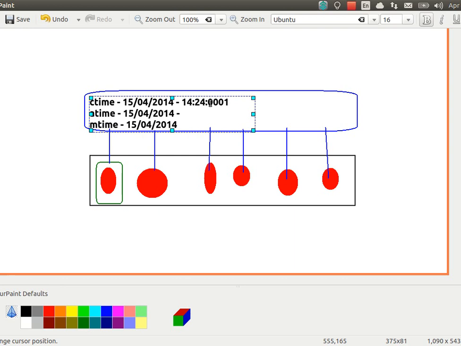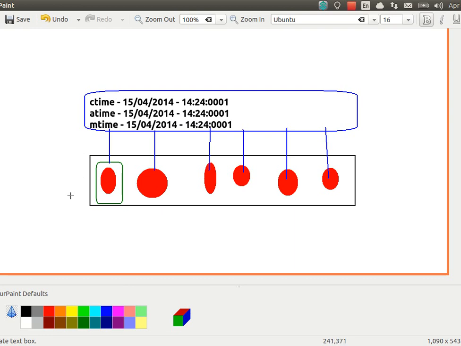So it contains the actual timestamp when the file was created, when the file was modified and accessed, right? So it contains this kind of information. That makes sense, so that I know when the file was created, accessed or modified. That sounds good to me.